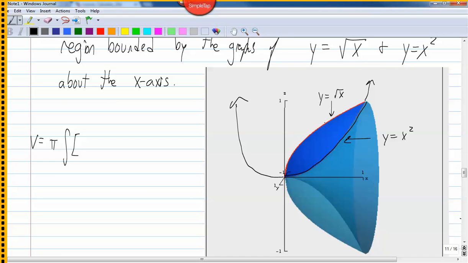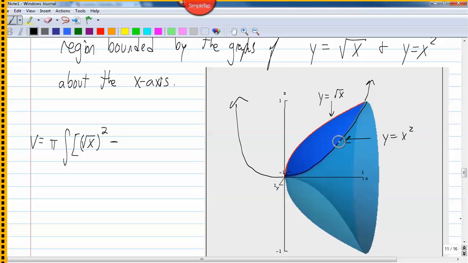So the outside of this figure, you would get that distance from this function here, y equals the square root of x. So it's the square root of x squared, minus the inner radius.